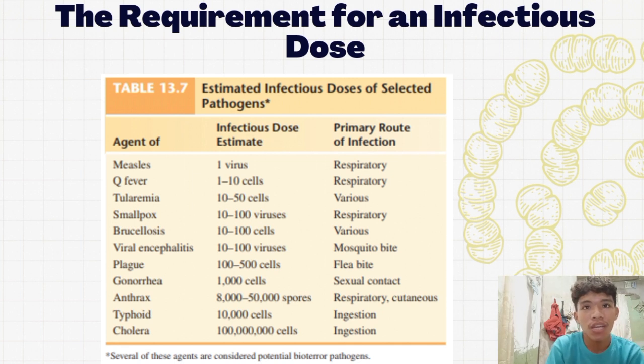Primary route of infection, respiratory, cutaneous. Agent of typhoid, 10,000 cells. Primary route of infection, ingestion. Ang typhoid is a bacterial infection spread through contaminated food and water. Ayan, last agent of cholera na mention na natin a while ago.